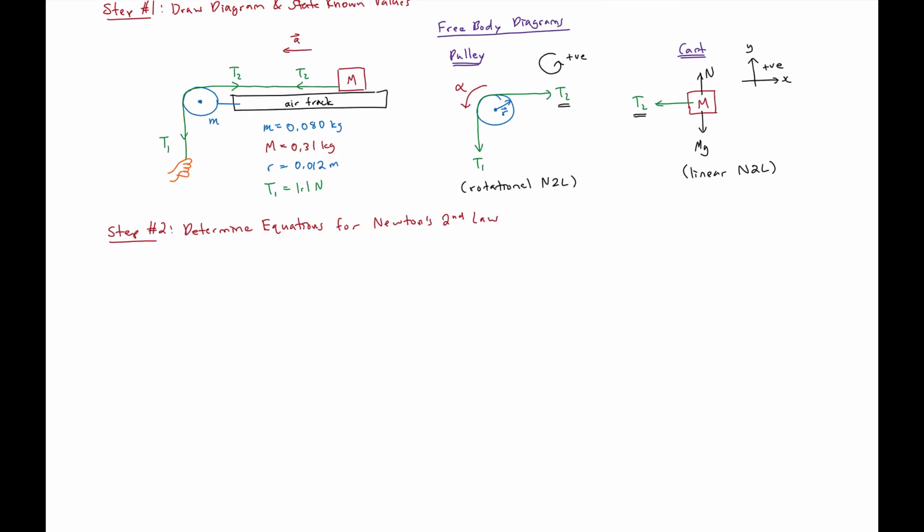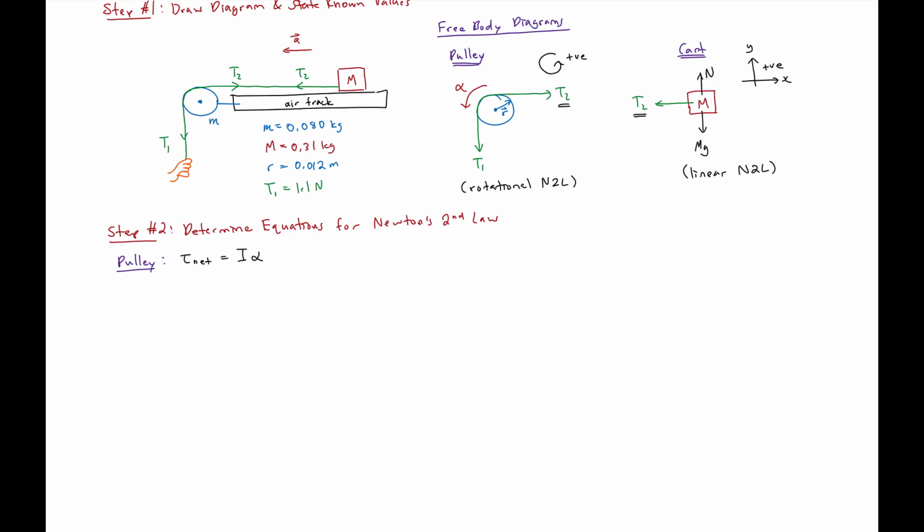So just going to scroll down a little bit more. We have two objects we need to look at, the pulley and the cart. Let's start with the pulley. We need to use the rotational version of Newton's second law. So we have the pulley, and we have the net torque being equal to I times alpha.